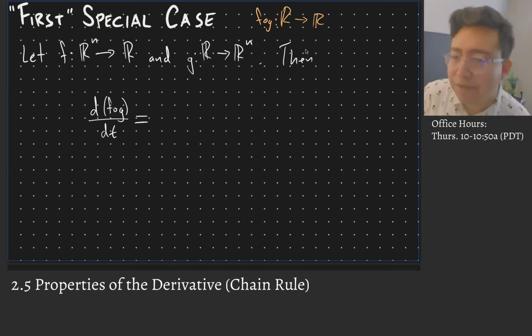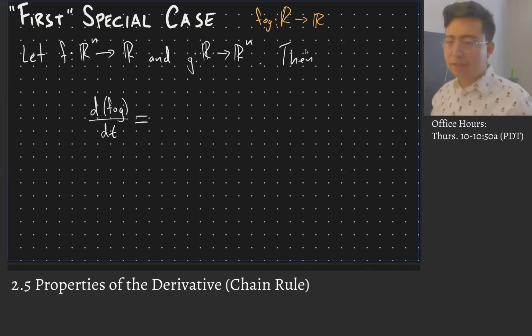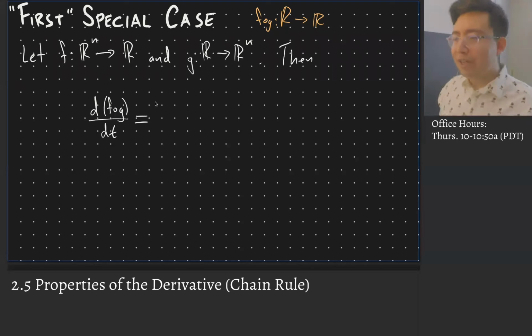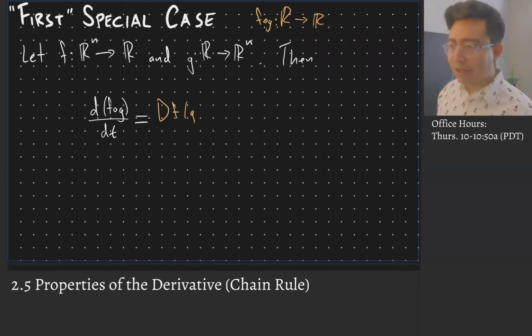So the derivative of this is exactly the regular old derivative from single variable calculus. You can say, okay, what's that derivative? You can think of this as a 1-by-1 matrix, and so you can compute it using the chain rule: df with G plugged in times dg.